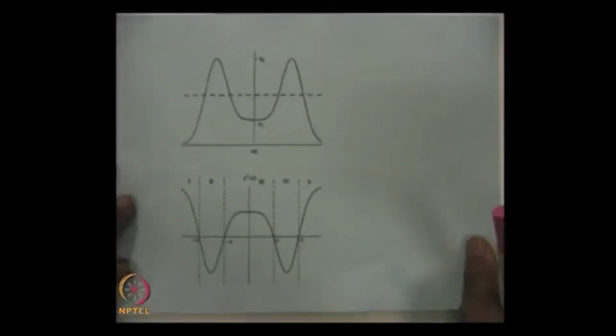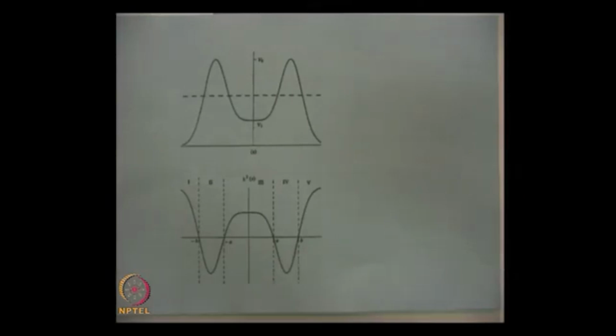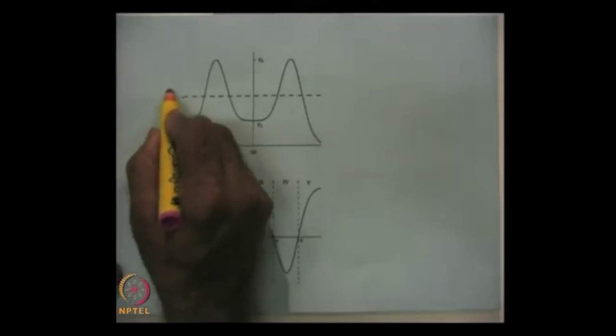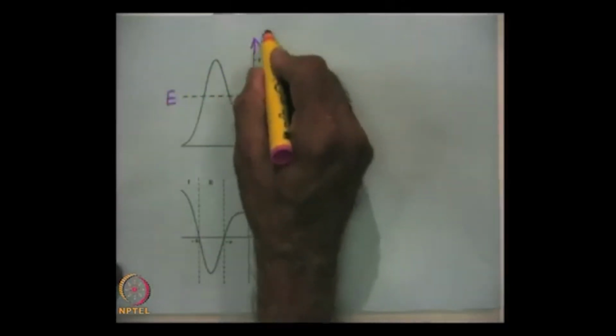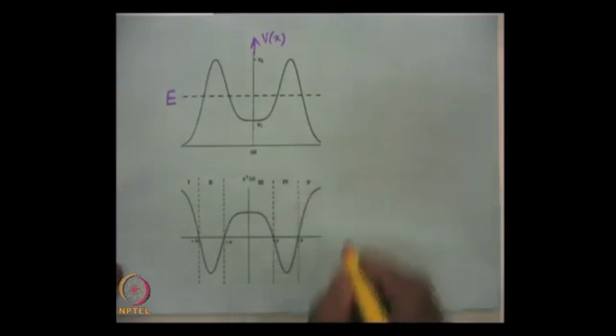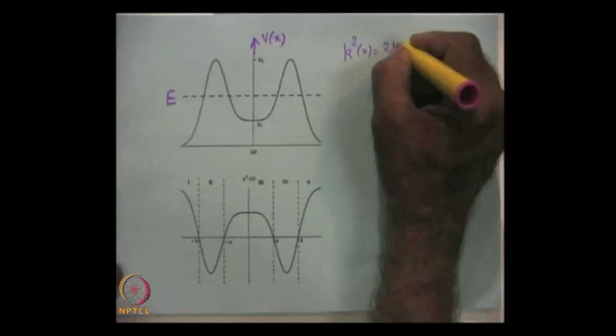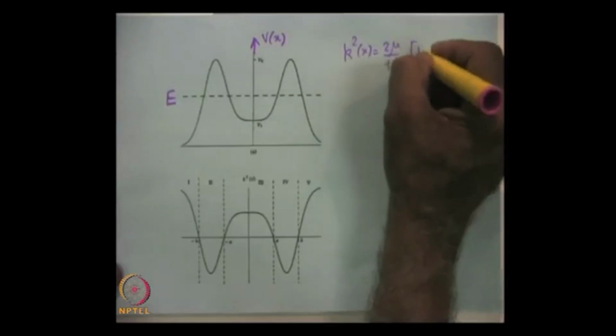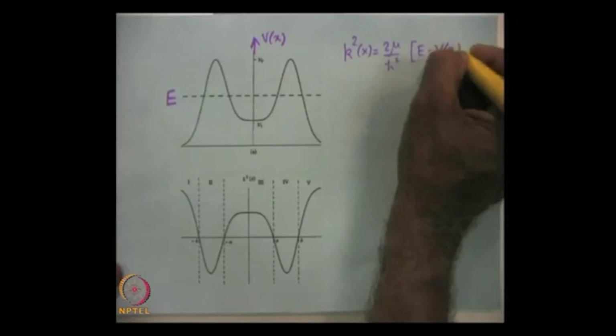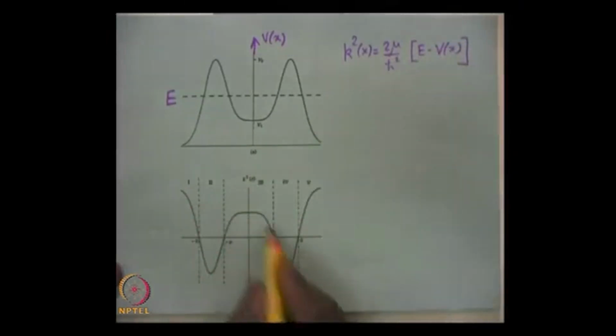What I wanted to tell you today is that if we have a double potential like this, which has 2 peaks like the one that I have shown here, and I assume an energy E and the V of x varies like this, then the corresponding k square of x is once again 2 mu by h cross square, E minus V of x, and it will be something like this. So, there will be 4 turning points now.